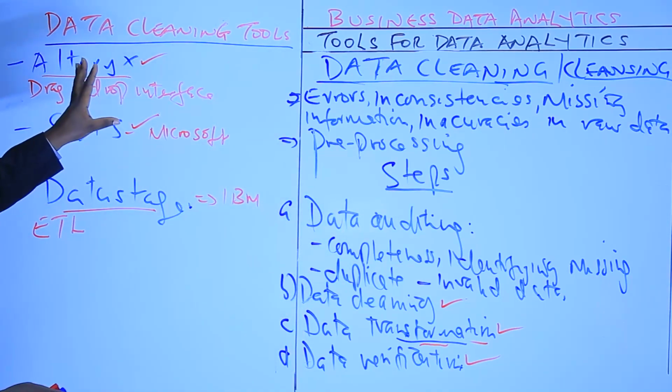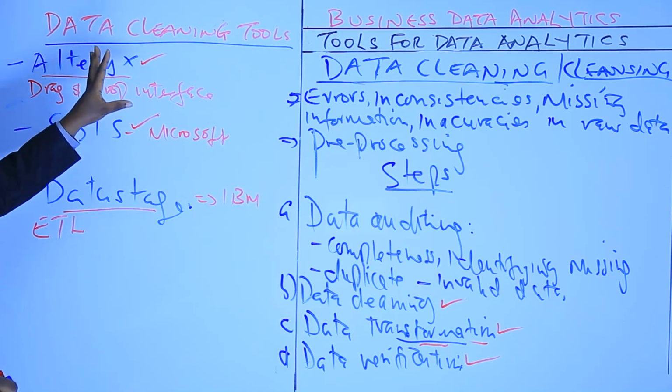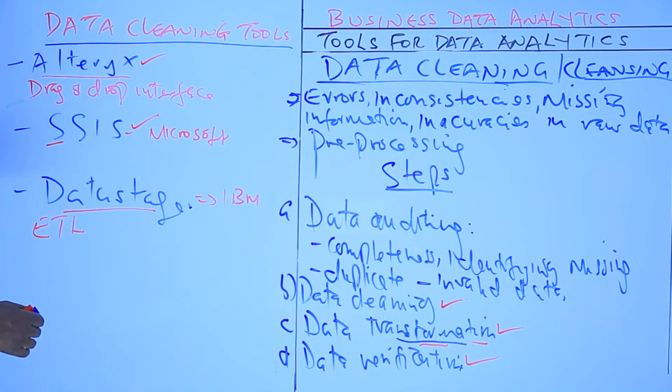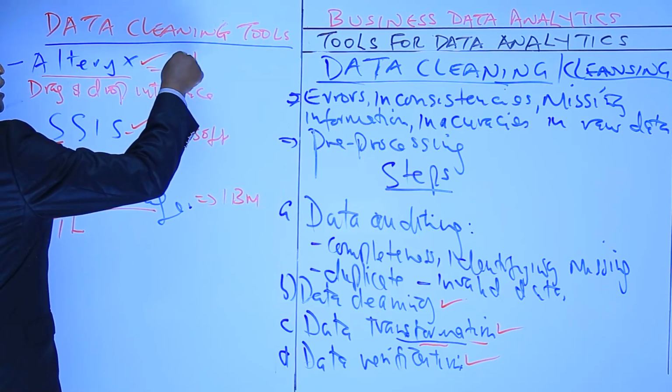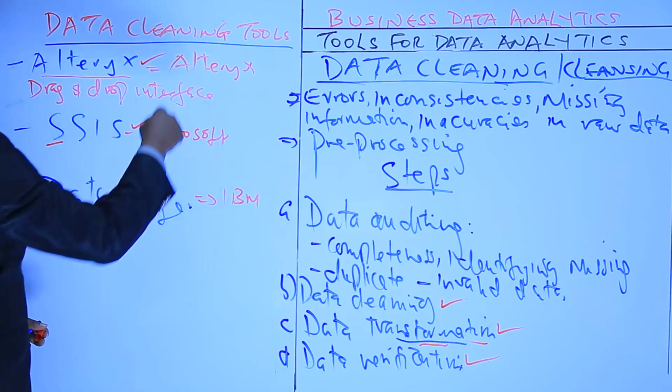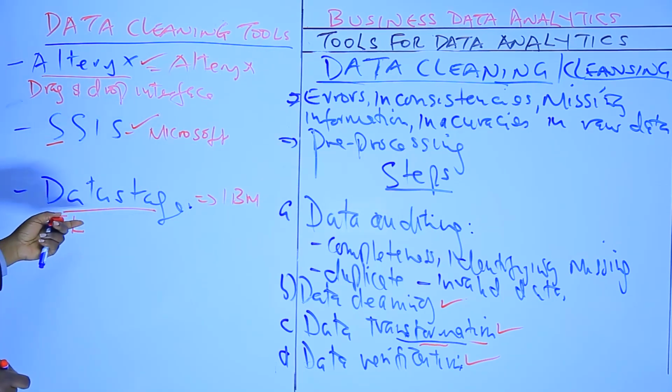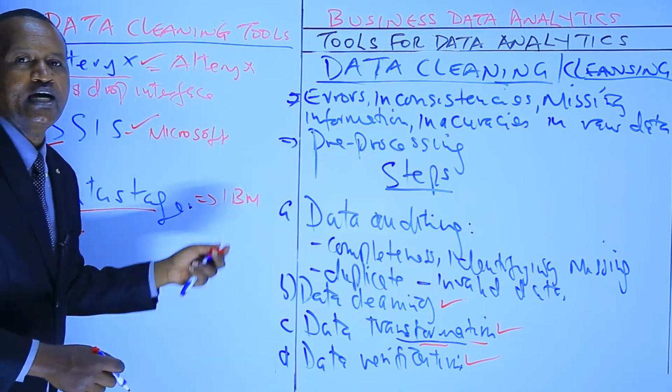Then we've highlighted 3 data cleaning tools. Alteryx, which is a tool developed by the company Alteryx. There is the SSIS tool, which is developed by Microsoft. Then there is DataStage, developed by IBM.